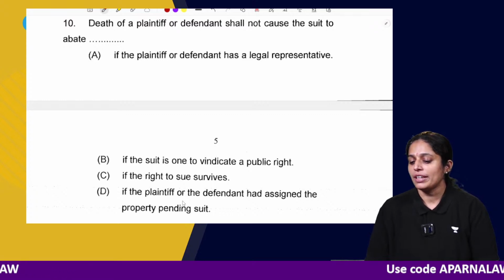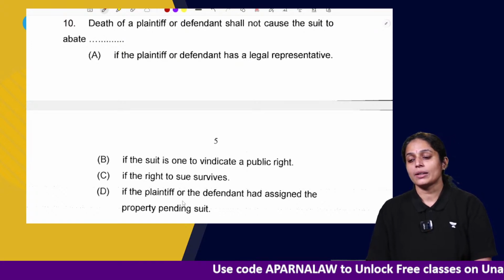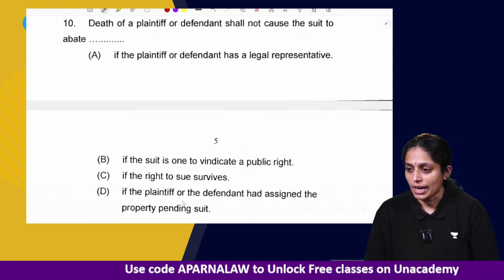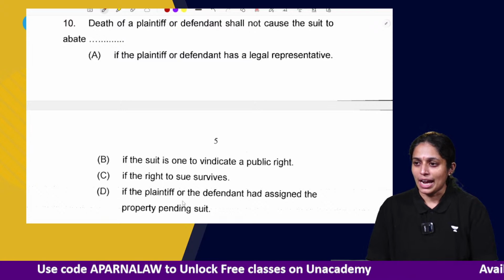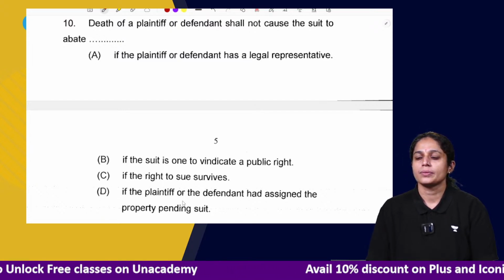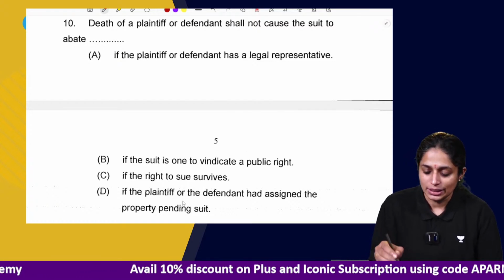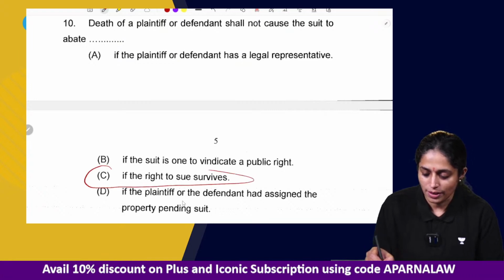Options are: A. if the plaintiff or defendant has a legal representative, B. if the suit is won to vindicate a public right, C. if the right to sue survives, and D. if the plaintiff or the defendant had assigned the property pending suit. So, what is the correct answer? It is C. If the right to sue survives.